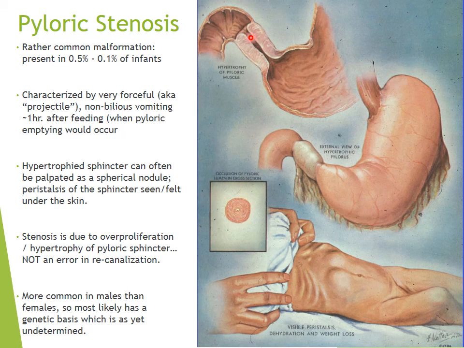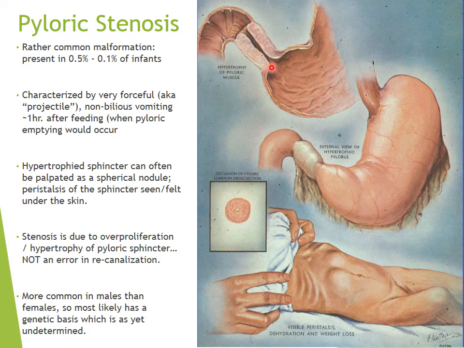And also, as this is leading to obstruction of the lumen, it is characterized by vomiting, and the vomiting is forceful. Such forceful vomiting in pyloric stenosis is known as projectile vomiting. And the vomiting is non-bilious, definitely, as the bile enters the duodenum at the opening of the bile duct, which is in the second part of the duodenum, and this obstruction is at the pyloric region.